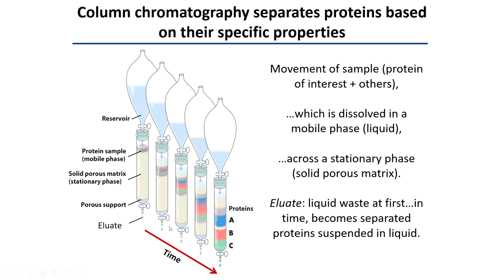Proteins will move through at different rates depending on their biochemical properties. When you open up this channel at the bottom, first you're going to get some waste liquid coming out from the column, and then you're going to get proteins separating out one at a time based on their biochemical characteristics.